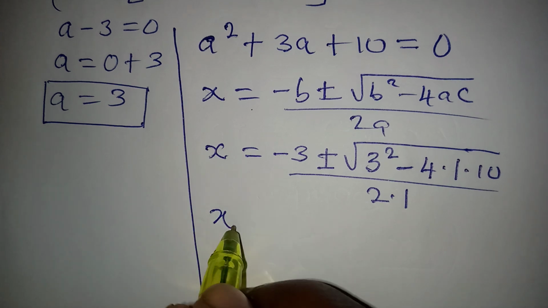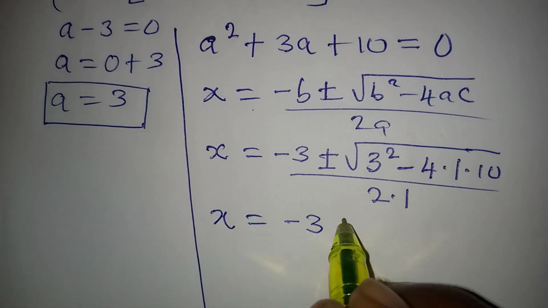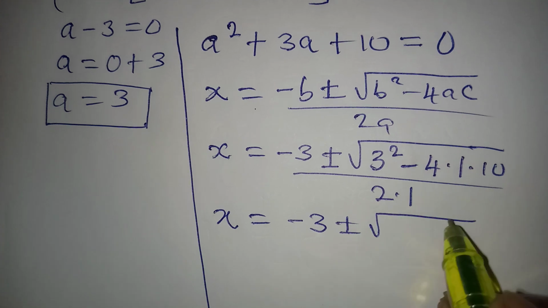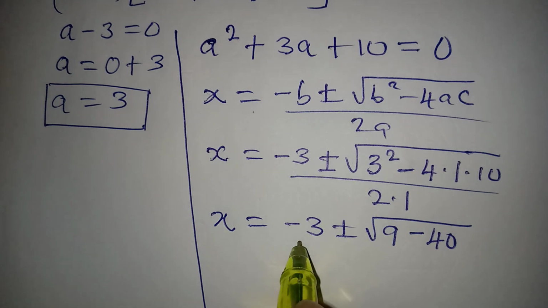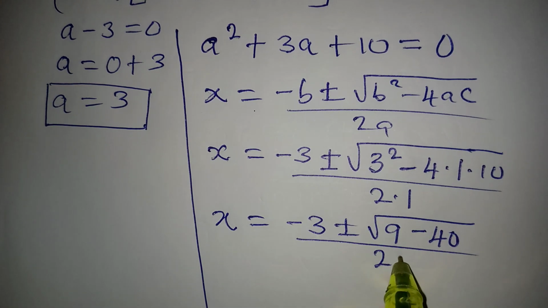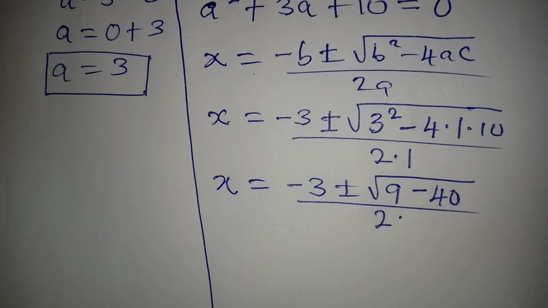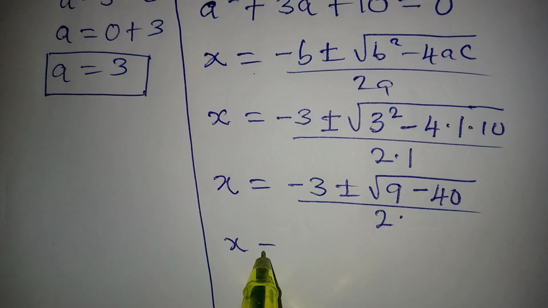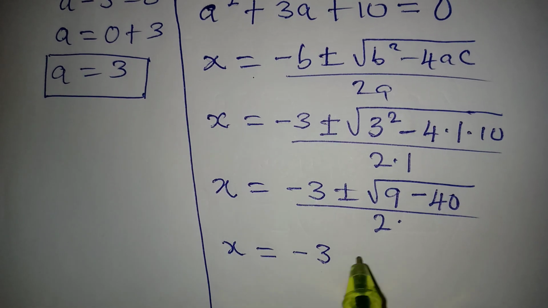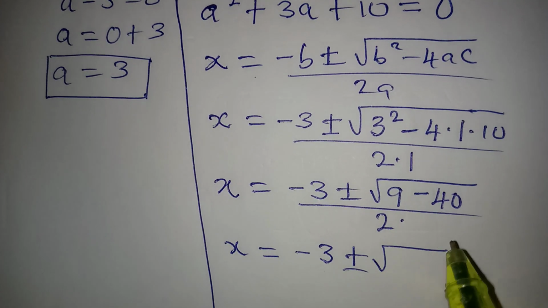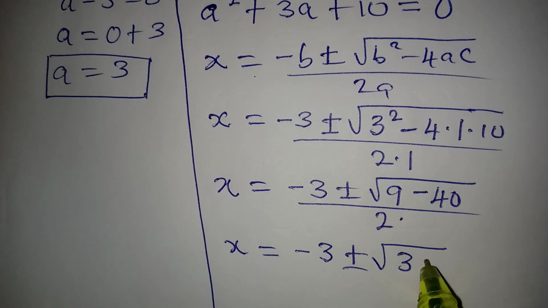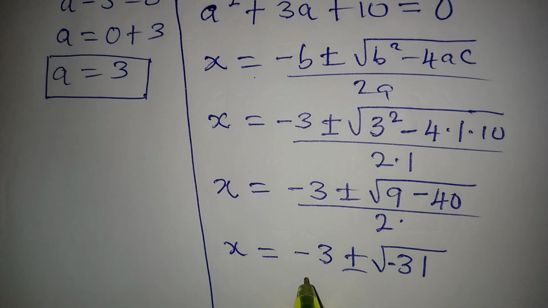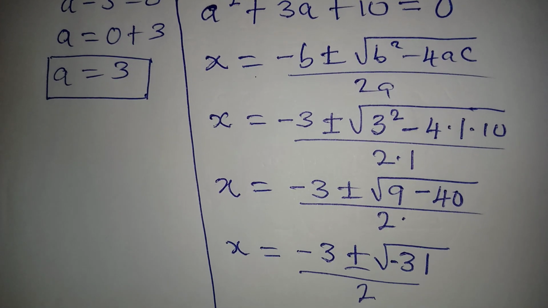Now x is equal to minus 3 plus or minus, we have 3 squared is 9, minus 4 times 1 times 10 is 40. And the whole of this is over 2 times 1, which is still 2. Yeah. So now x is equal to minus 3 plus or minus, and we have 9 minus 40, which will give negative 31. So this will be over 2.